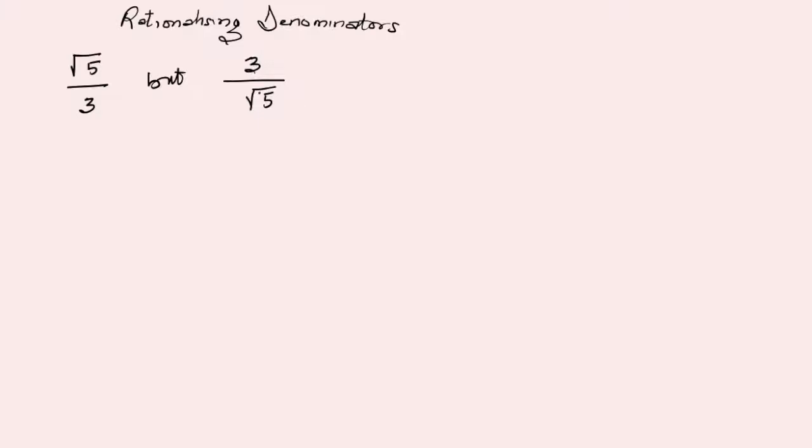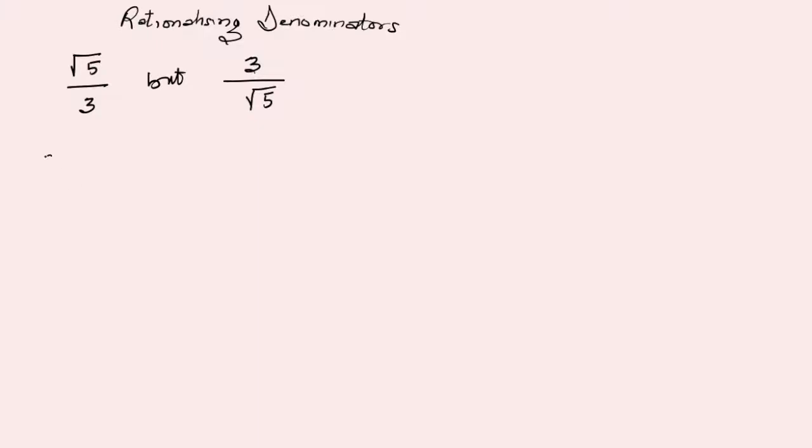But in a situation such as this, whatever the value of the numerator is, it will be very difficult to divide that expression by a radical number, root 5. So we will never get a true value of this fraction. Our aim when we have an expression such as this is to get rid of the radical sign. And that is exactly what we mean by rationalizing the denominators.